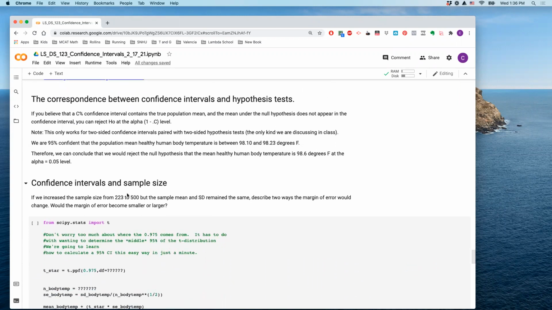So second thing is the correspondence between confidence intervals and hypothesis tests. It's not a coincidence that we have 95% confidence and a 5% significance level when we're talking about hypothesis tests and confidence intervals.